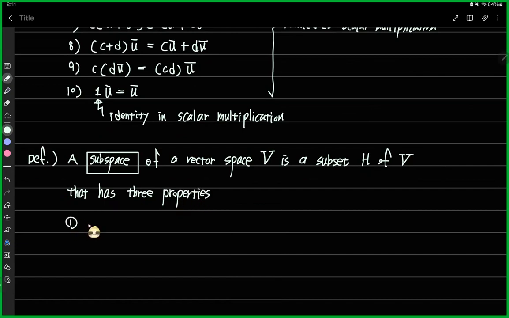First one, the zero vector must be in the set H. I'm talking about the conditions that a subset needs in order to be a subspace.